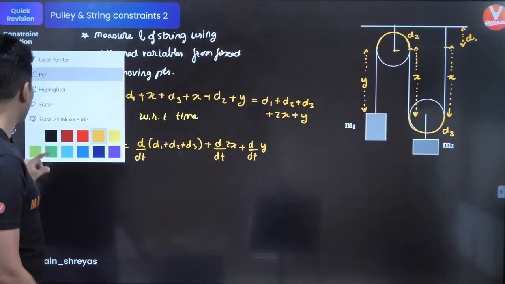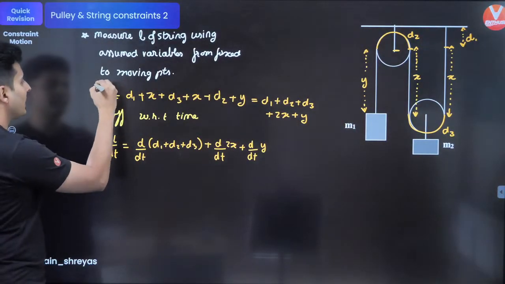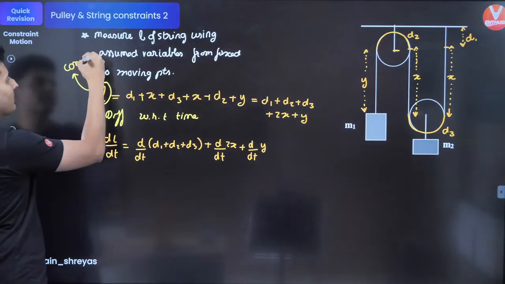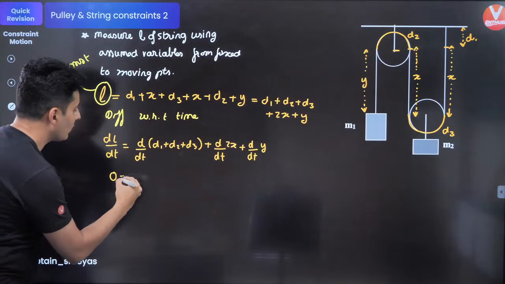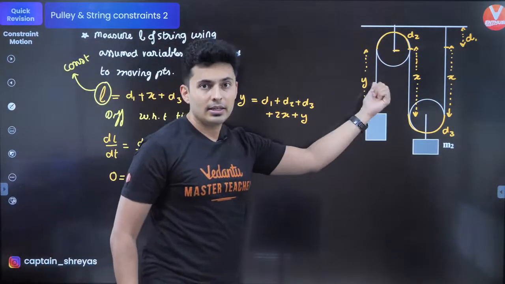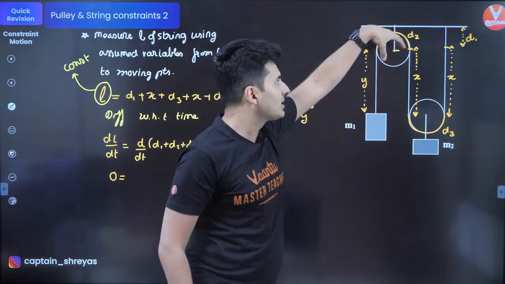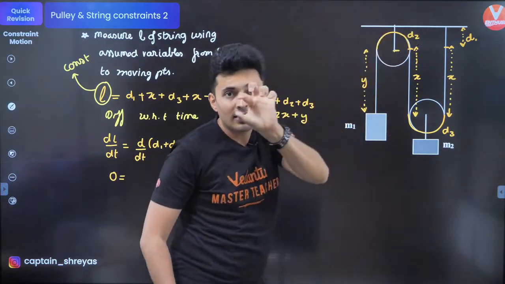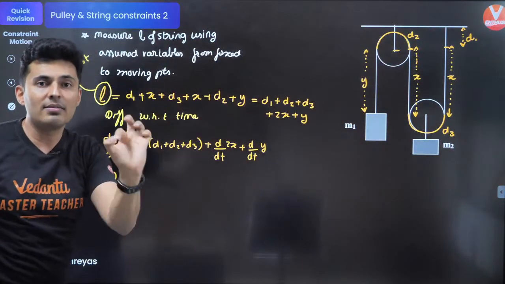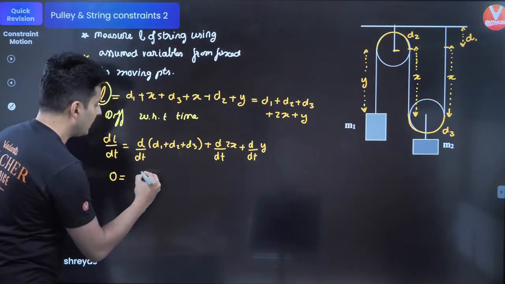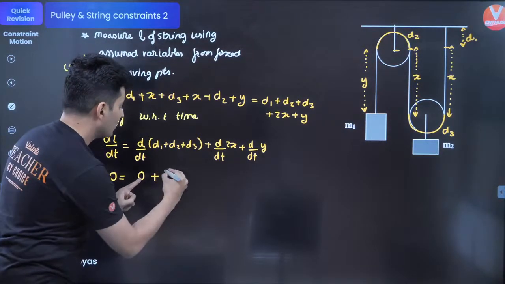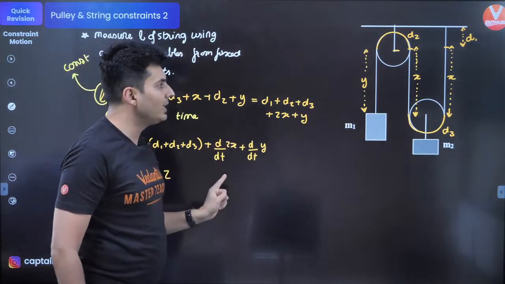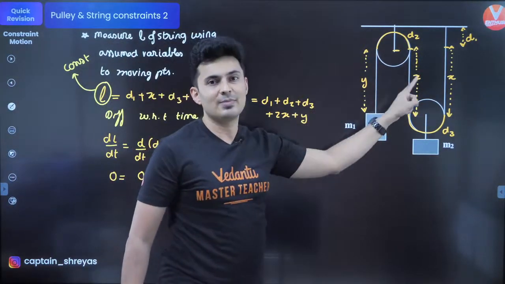This is very, very important to understand. This length is nothing but a constant. So the moment it is constant, the derivative will be 0. Even d2, d3, d1, all these things, this length and this length, are all going to be constant. The derivative of a constant is 0. So this entire term will become 0 plus the derivative, and this 2 will come outside: 2 dx by dt. What is the meaning of dx by dt?